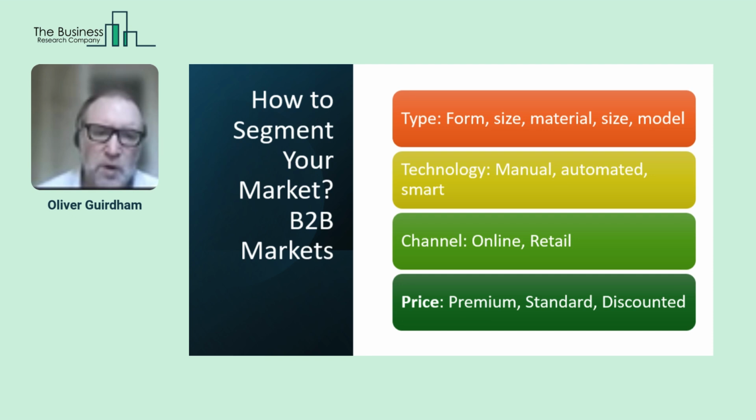We do a lot of B2B research, and we can help you with that. We particularly focus on business to business research, and here we're looking more at segmenting the market by the particular type of product or service.